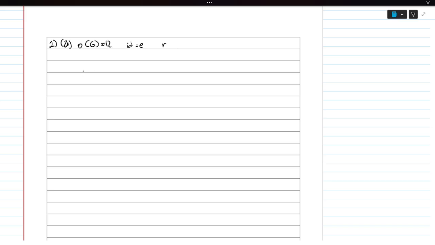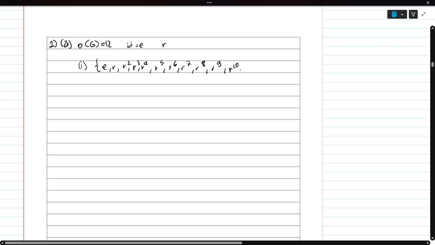Write down in terms of E and R the elements of this. Okay, this is going to be E, R, R squared, R cubed, R to the 4, 5, 6, 7, 8, 9, 10. R to the 10, R to the 11.